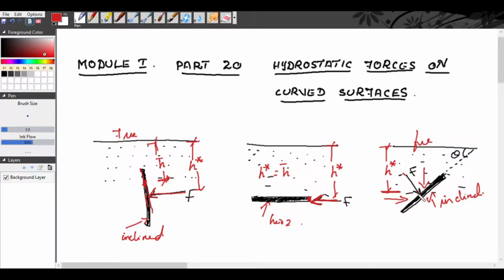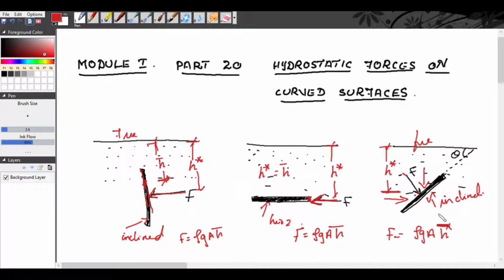But the total force is F, and this total force will be equal to rho g A h bar. Everywhere the total force will be equal to rho g A h bar, for the inclined surface and for the horizontal surface also.